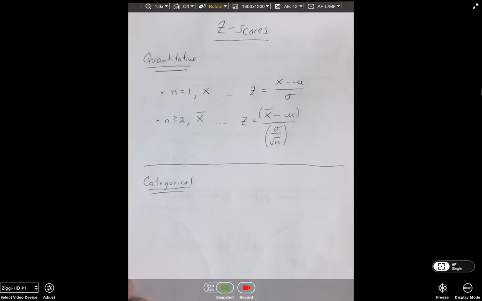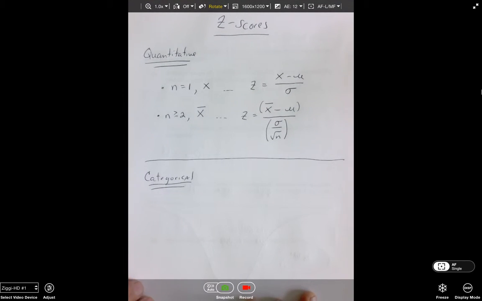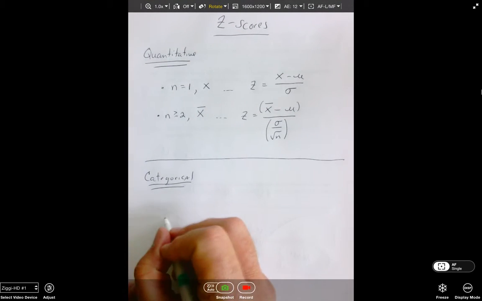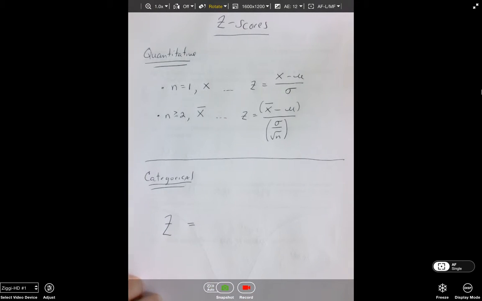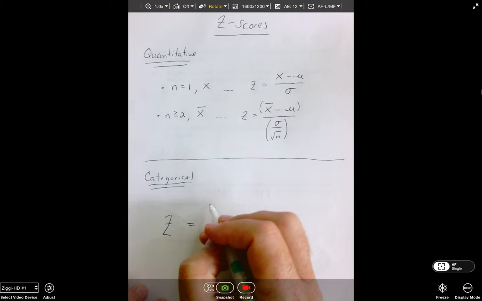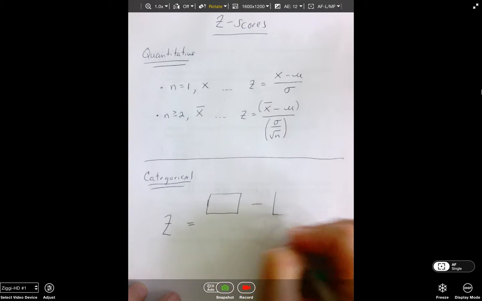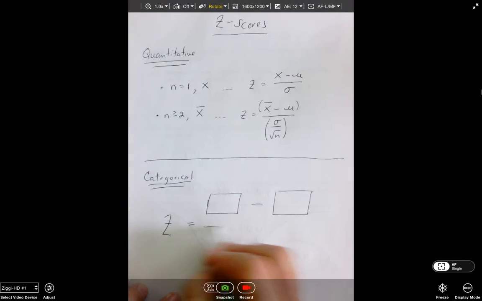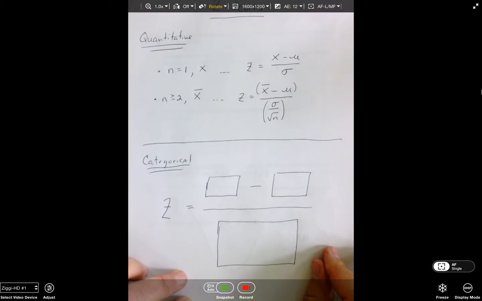All right, categorical variable. What do we have here? Well, in these types of situations, let's think about what we have for every z-score. Essentially, for every single z-score that you will ever run into in your entire life, you have three parts.